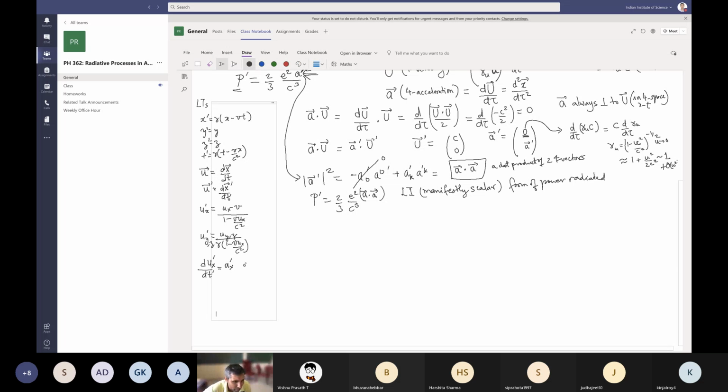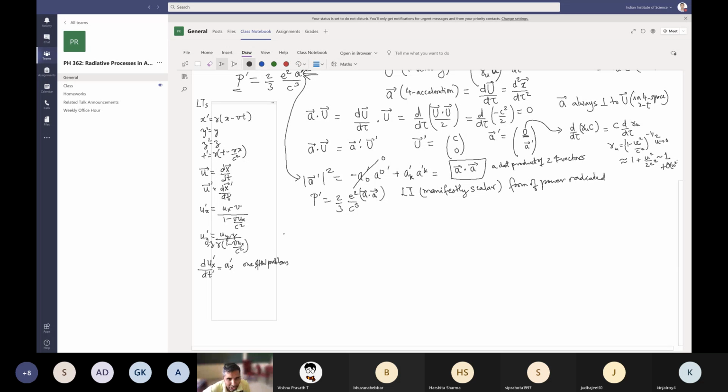In fact this is one of the homework problems, where just like we connect u prime to u and v, you have to connect a prime to a and v.